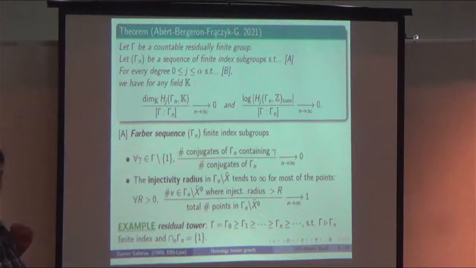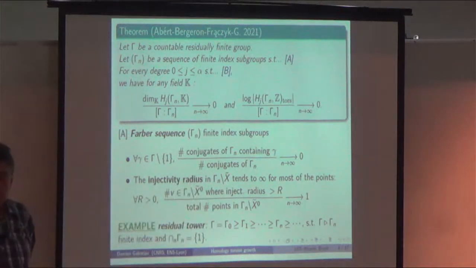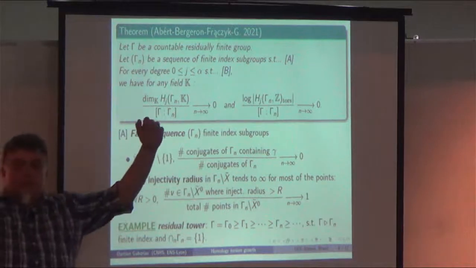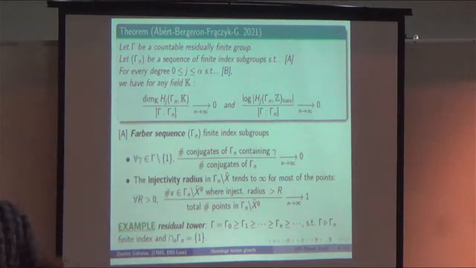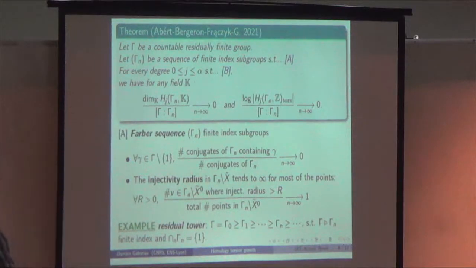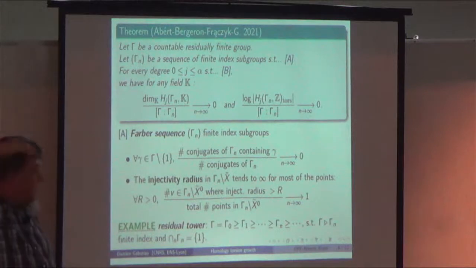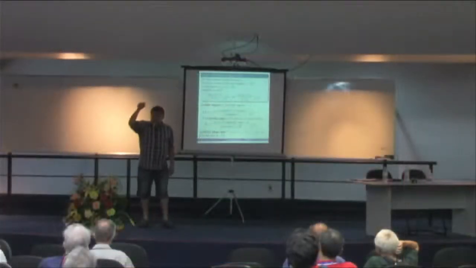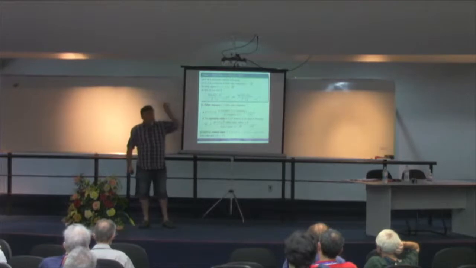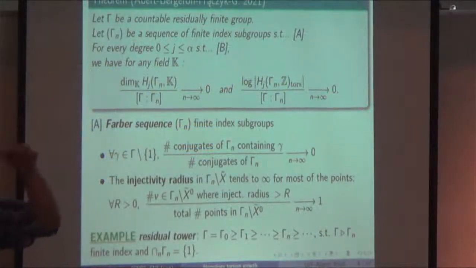Okay? When you choose a base point, or you choose a point in the one skeleton or the 0 skeleton, and you take the covers, of course, you have many more vertices in the successive covers, and you want that from the point of view of most of the vertices, the injectivity radius is large.